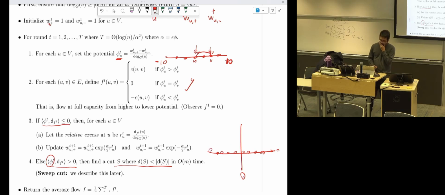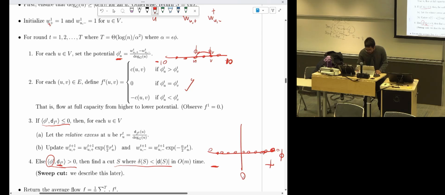This is the number line according to phi. Let's say this is the positive part, this is the negative part. And this is going to be positive or big if all the positive nodes have a lot of residual excess, and these nodes maybe have a lot of deficit.